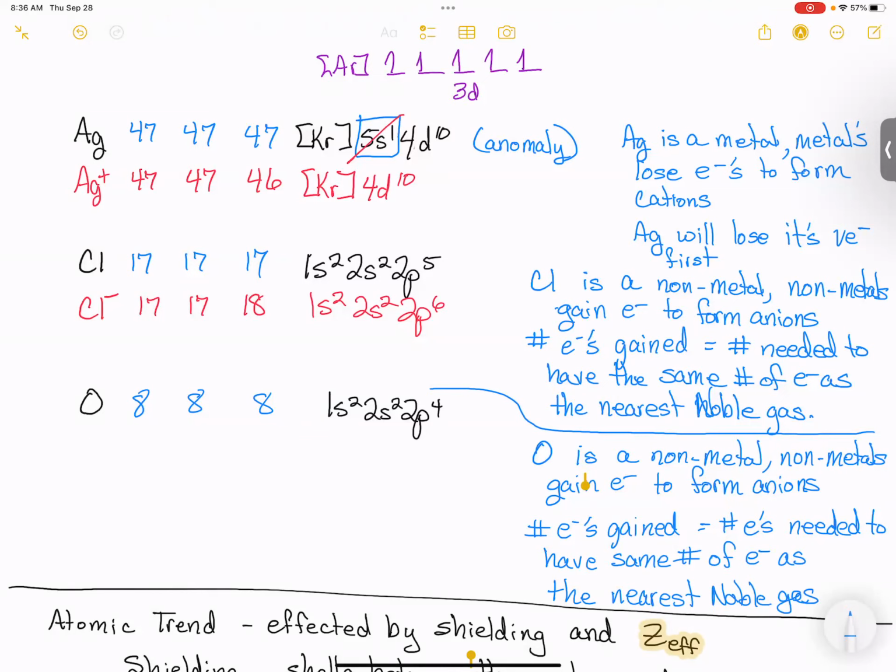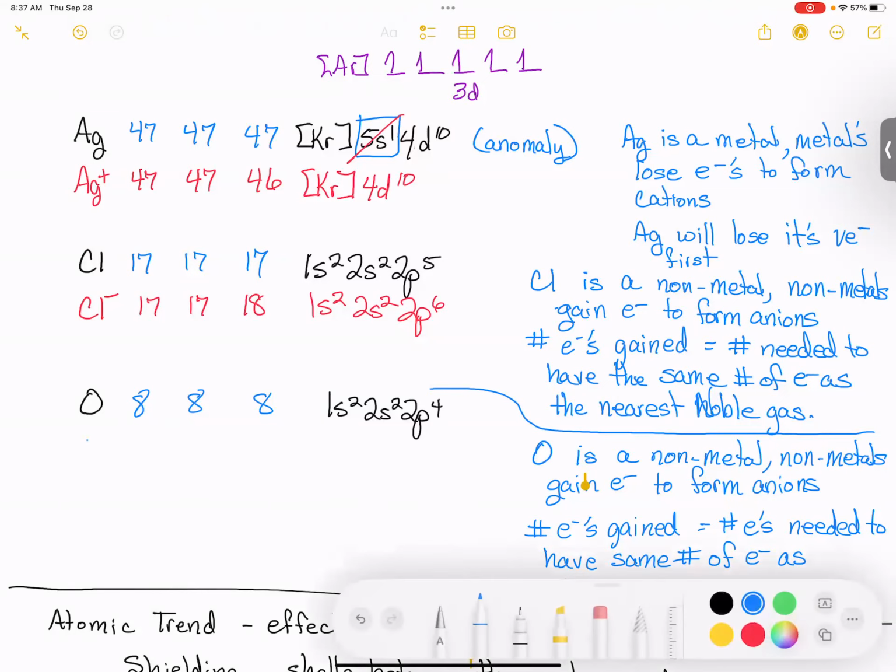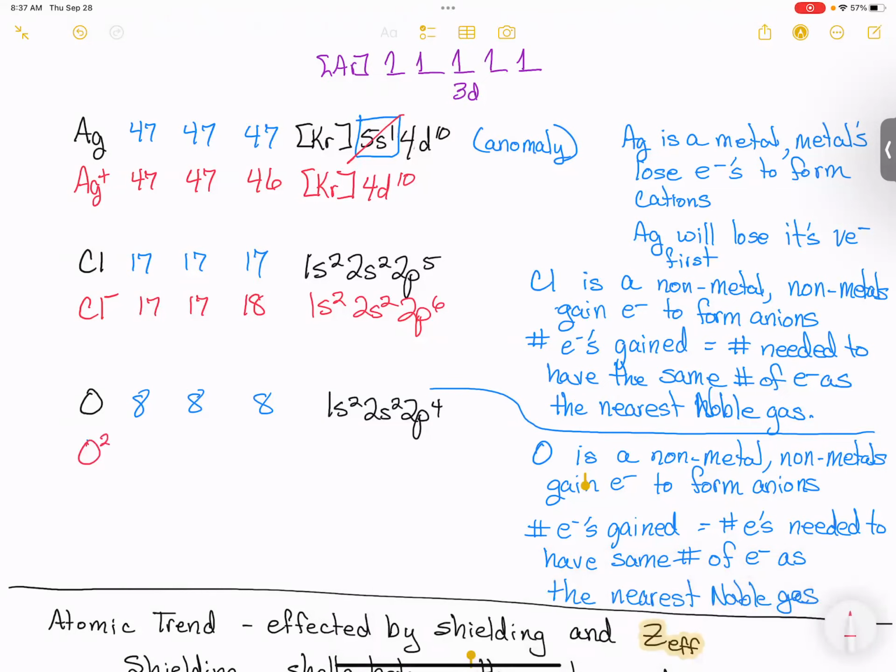So oxygen forms an O2 minus charge by gaining 2 electrons to have 10 electrons. And if you notice, if it has 10 electrons, it's going to have the same number of electrons as neon. So its electron configuration would be 1s2, 2s2, 2p6. Questions?